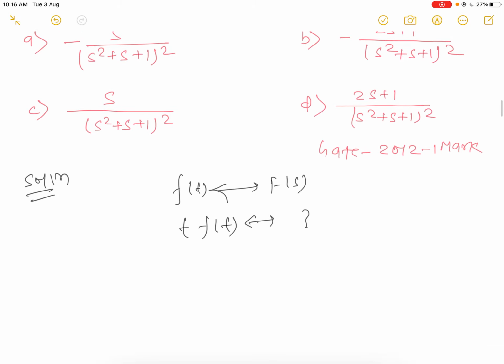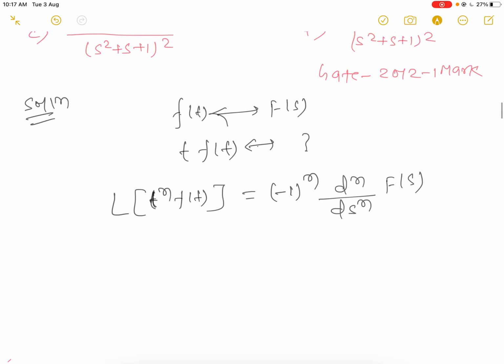So we know the formula when time is multiplied: the Laplace transform of t to the power n f(t). Okay, if f(t) has Laplace transform F(s), then for time multiplication it is minus 1 to the power n, where n is the power of t, and that many times we have to differentiate it, d by ds, in the s domain, F(s).